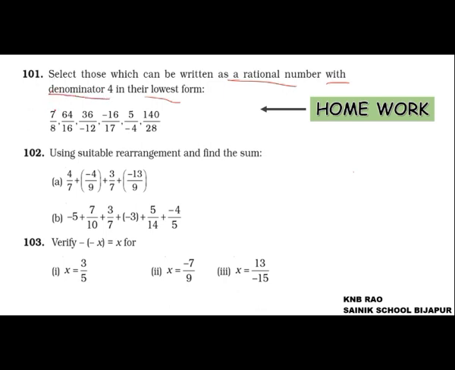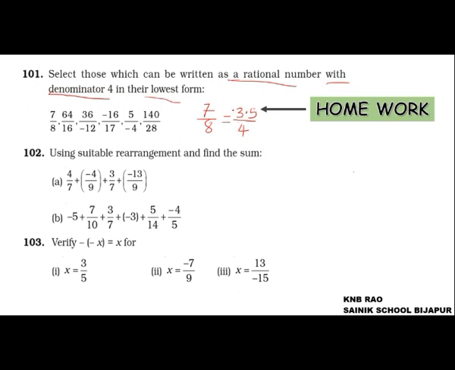Suppose in the first one, when you take 7 by 8 and suppose if you write it as a rational number to the denominator 4, then the numerator is supposed to be 3.5.